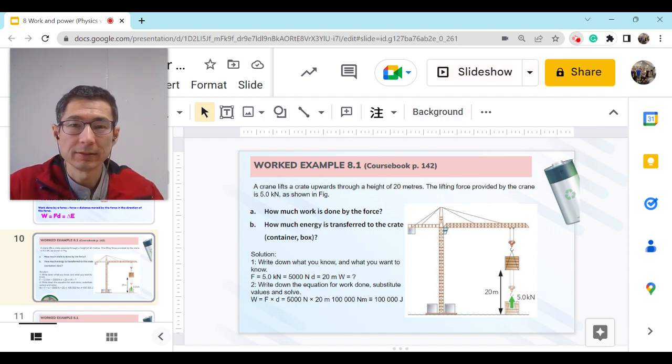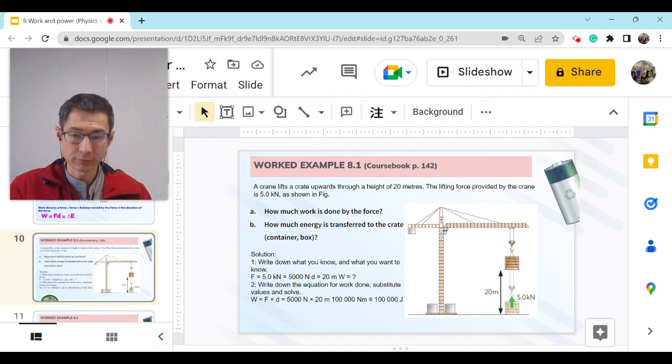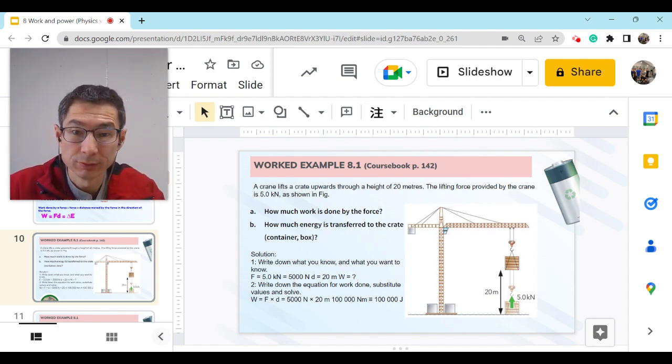All right, I think it's easy to calculate. We have a force here. First of all, we need to write things down step by step. The book even explains it: write down what you know and what you want to know.